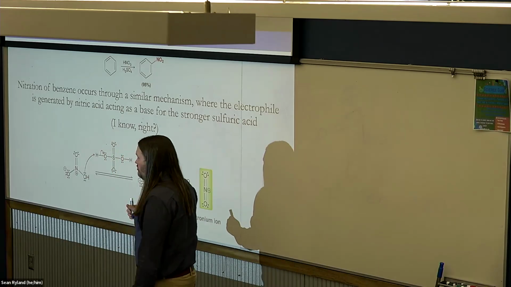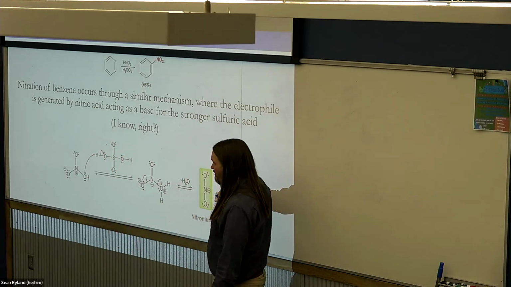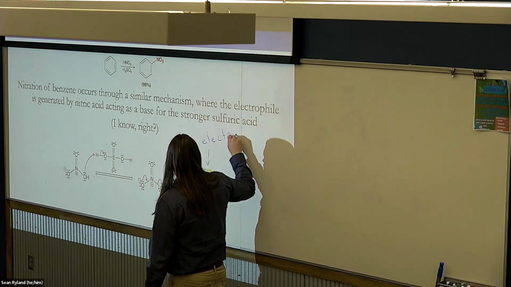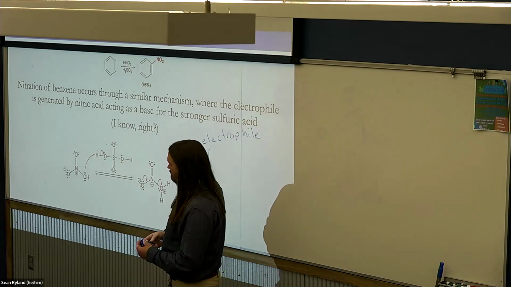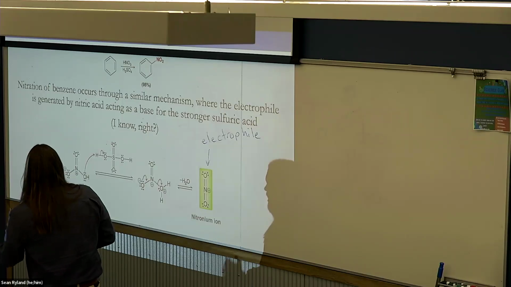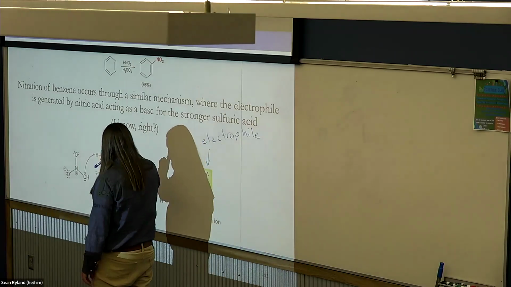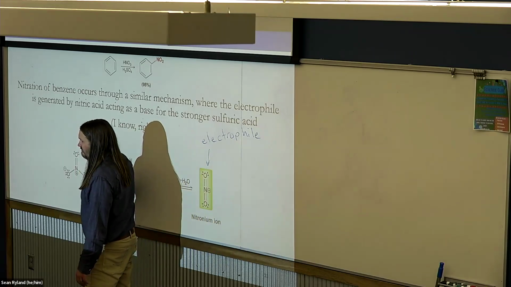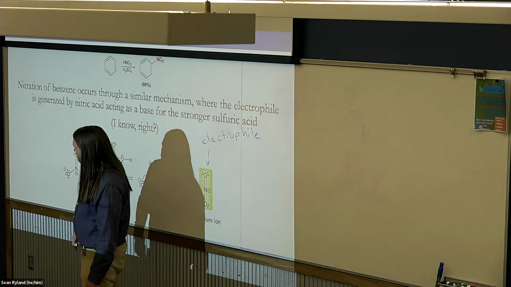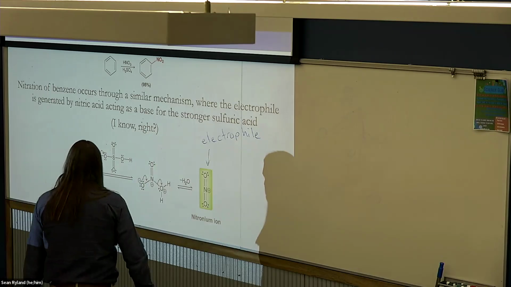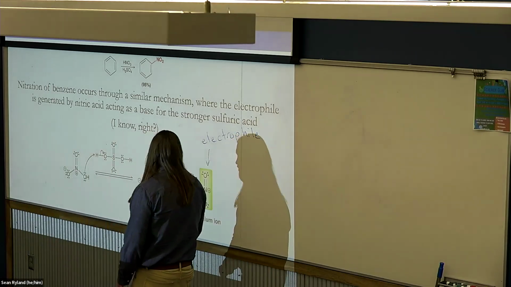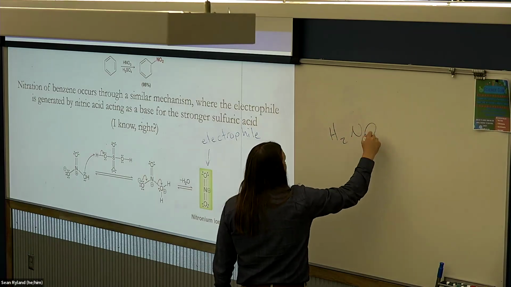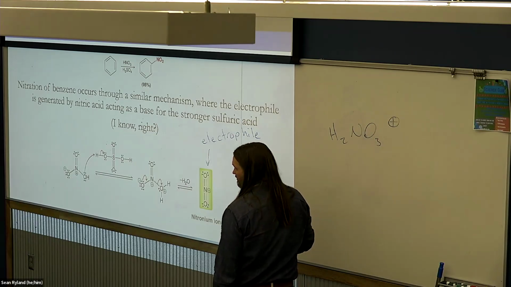Okay, so this one does have a generate-your-electrophile step. And so generating the electrophile in this case is basically your sulfuric acid protonates your nitric acid. And then we get this weird intermediate that looks like H2NO3 with a plus charge.